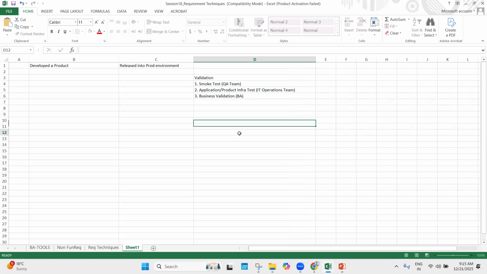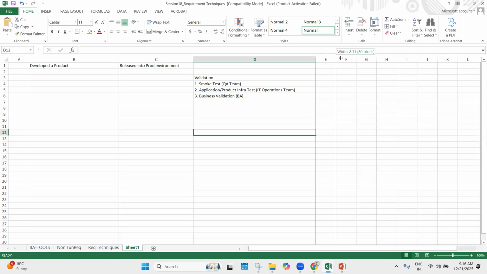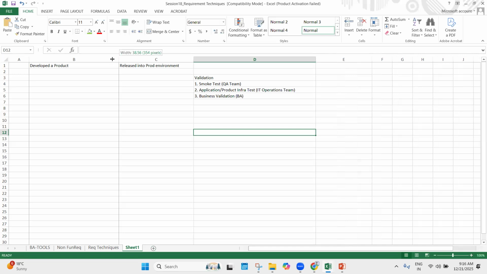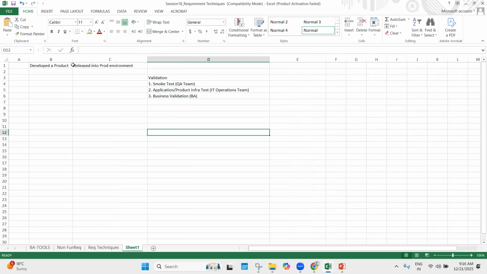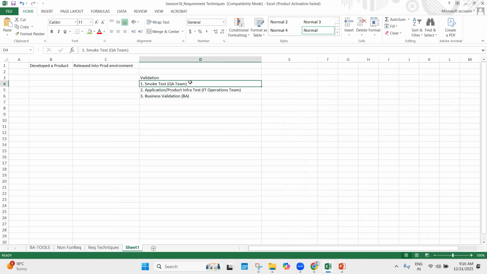Actually these are the validations which are performed once a product is delivered and moved into the production environment. So smoke test is nothing but just opening the company website and seeing whether the website has launched without any errors, like 404 issues, and whether the website has all the features or not.